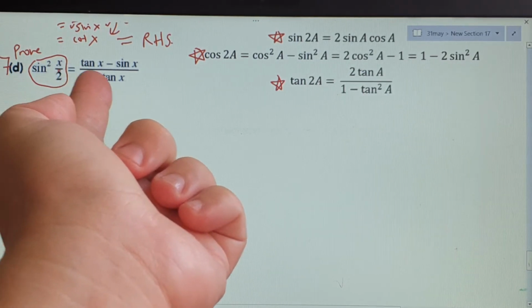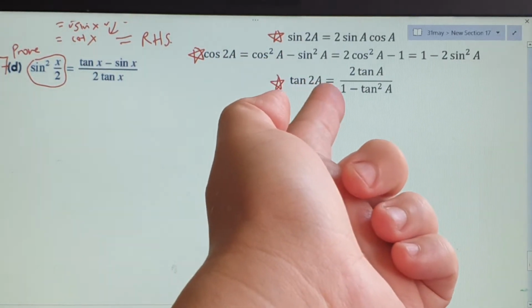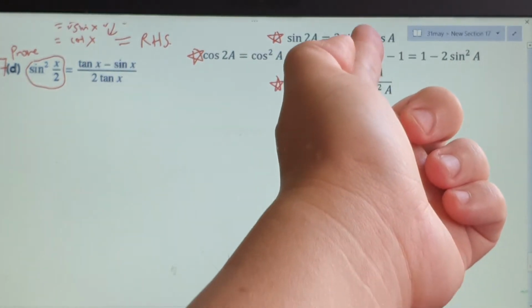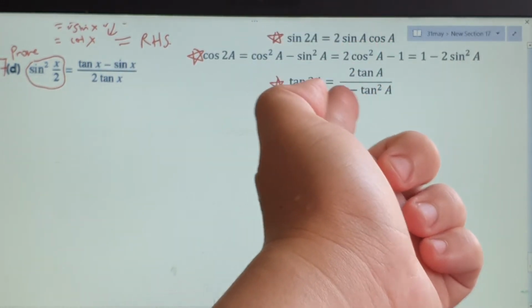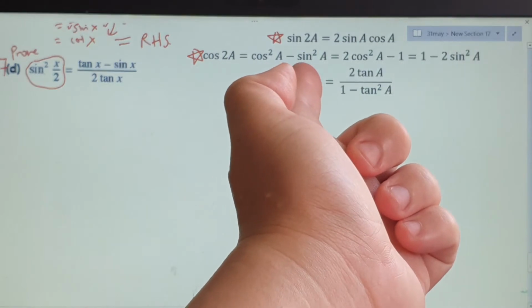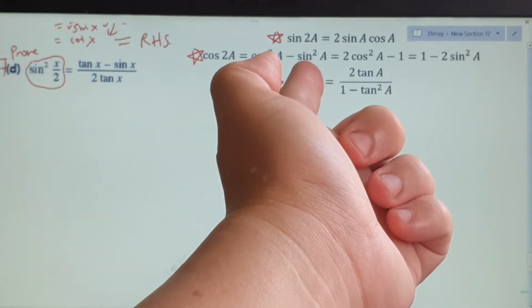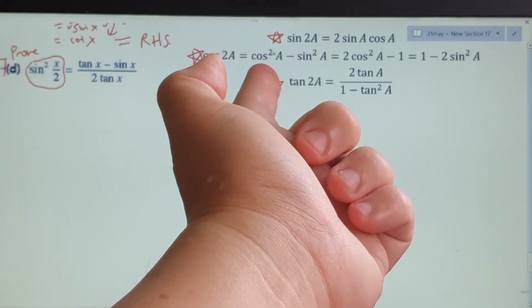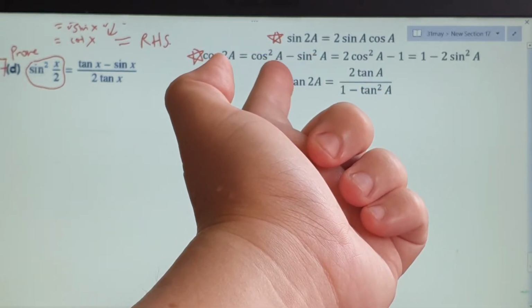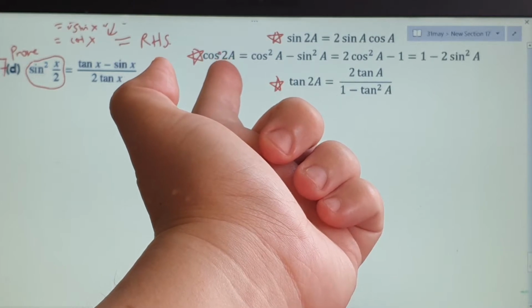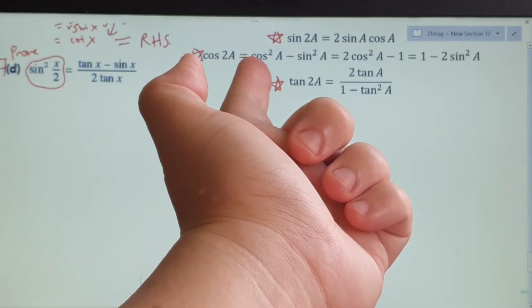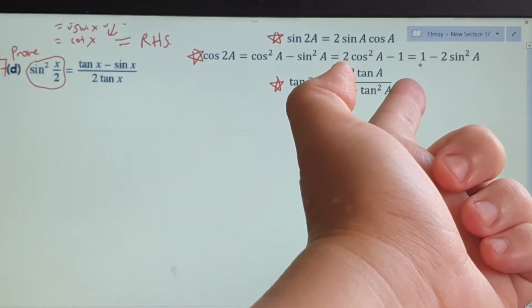So can you see that this is not the sine, it's not the tangent, it is, you can say that it's here, but we don't want to use this because this will actually complicate the whole thing, because you will later get cosine square a over 2 and then cosine a, which is actually going to complicate everything. So I'm going to use this one.